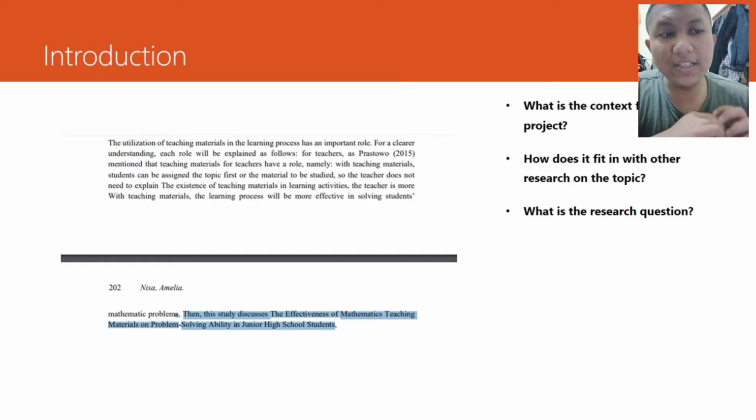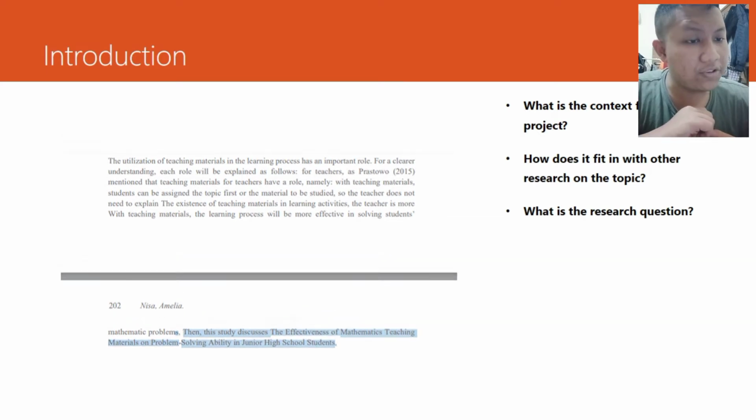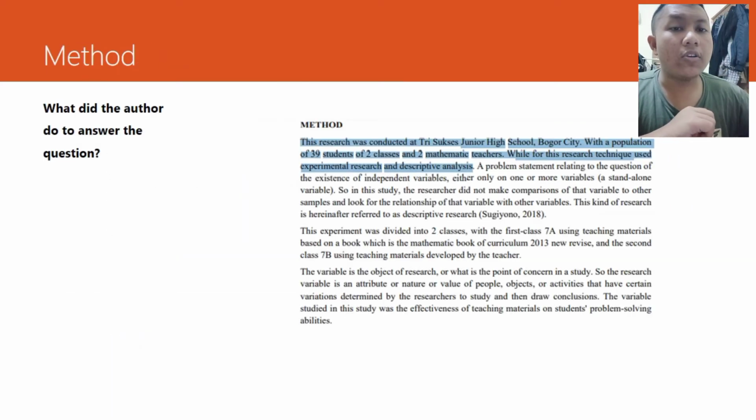Of course, the research question we could know from the title, the main question is the effectiveness of mathematics teaching materials on problem-solving ability in junior high school students. Okay, ladies and gentlemen, the next part is the method.